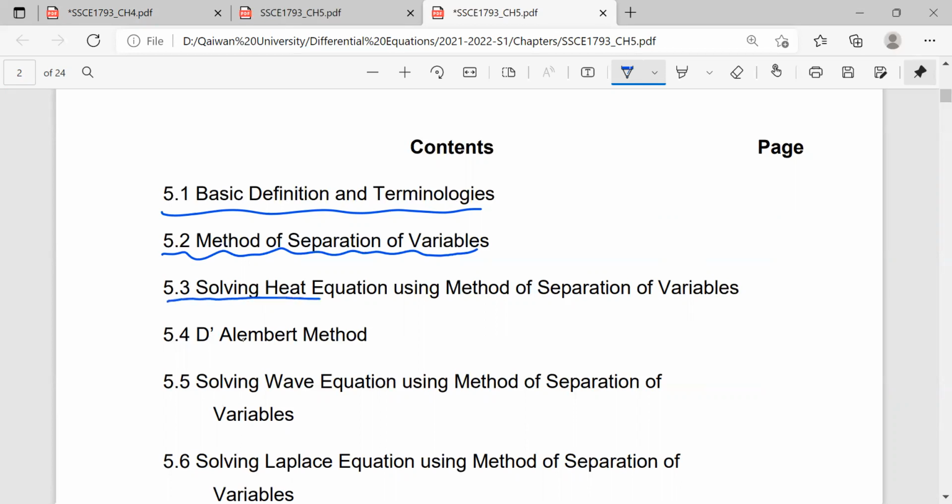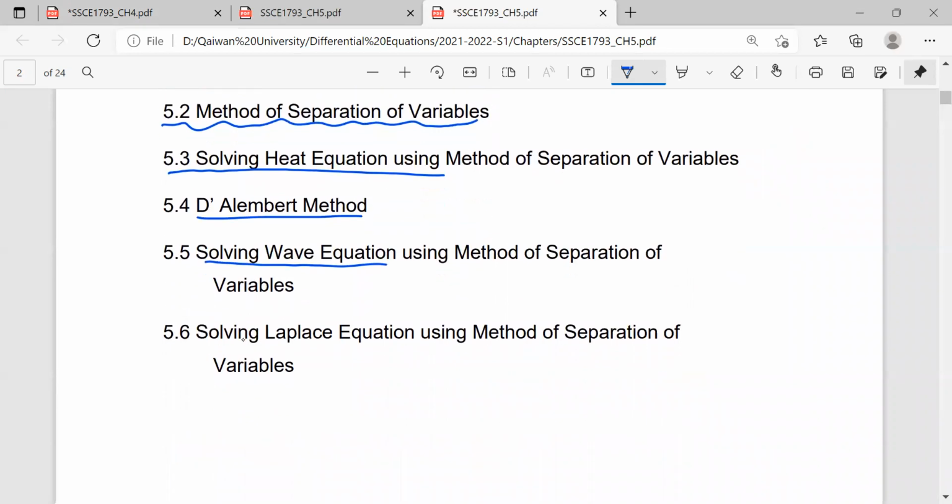Then we have solving the heat equation by using the method of separation of variables. Then we have the D'Alembert method. And then we have solving the wave equation by separation of variables. And the last one is solving Laplace equations by separation of variables.